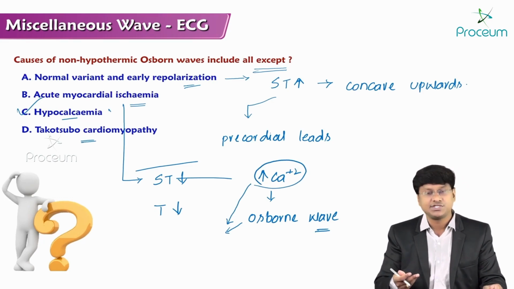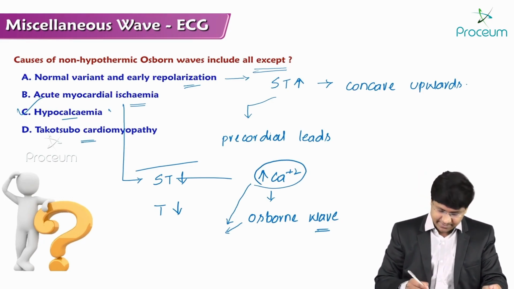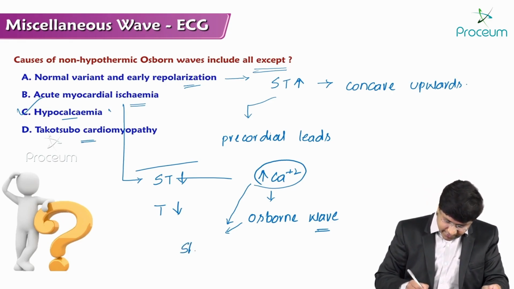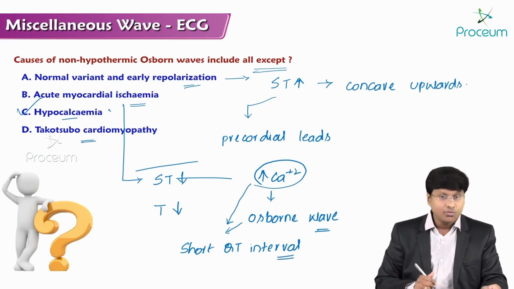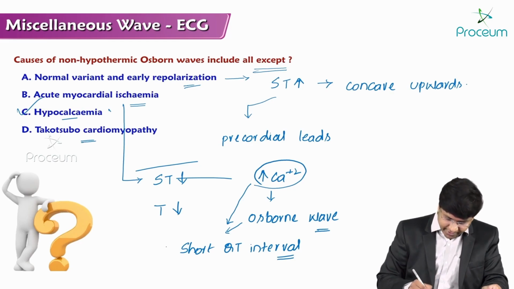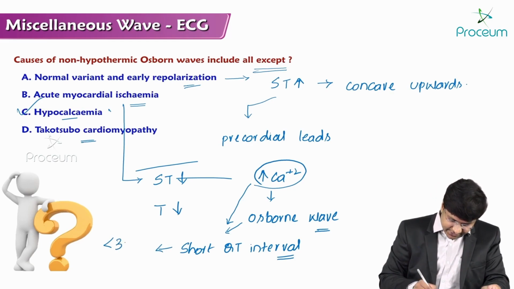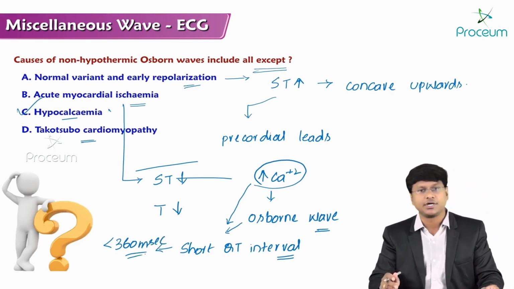The other ECG change in hypercalcemia will be short QT interval. Now, what do you understand by short QT interval? Where the QT interval will be less than 360 milliseconds. So that is your short QT interval.